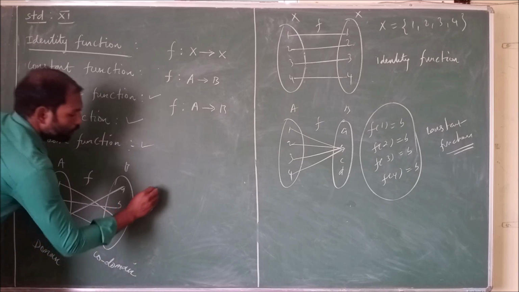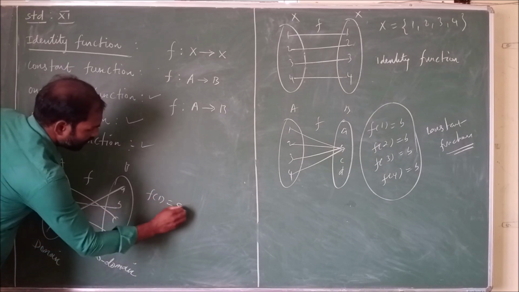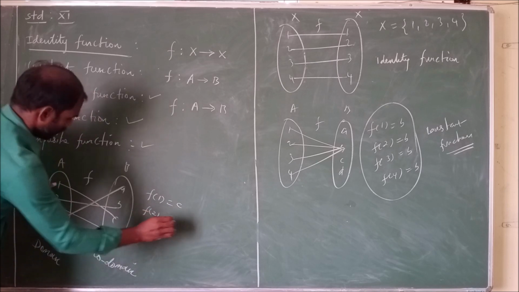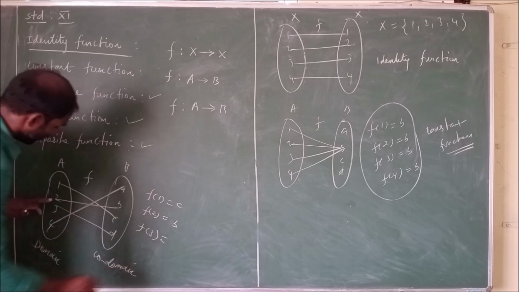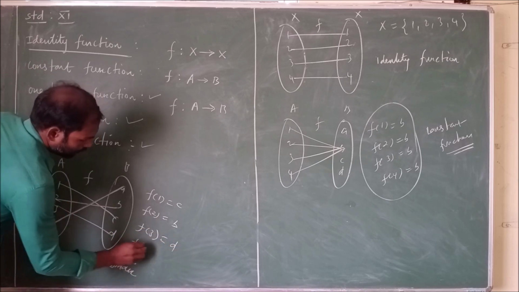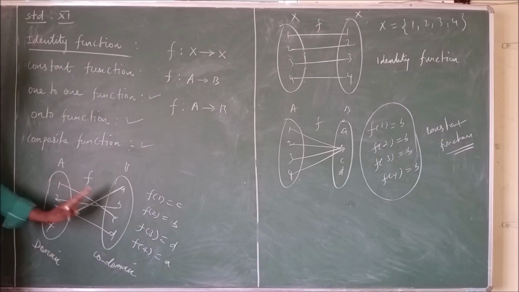So F of 1 is mapped to C, F of 2 is mapped to B, F of 3 is mapped to D, F of 4 is mapped to A. It is called a one-to-one function. Clear that?